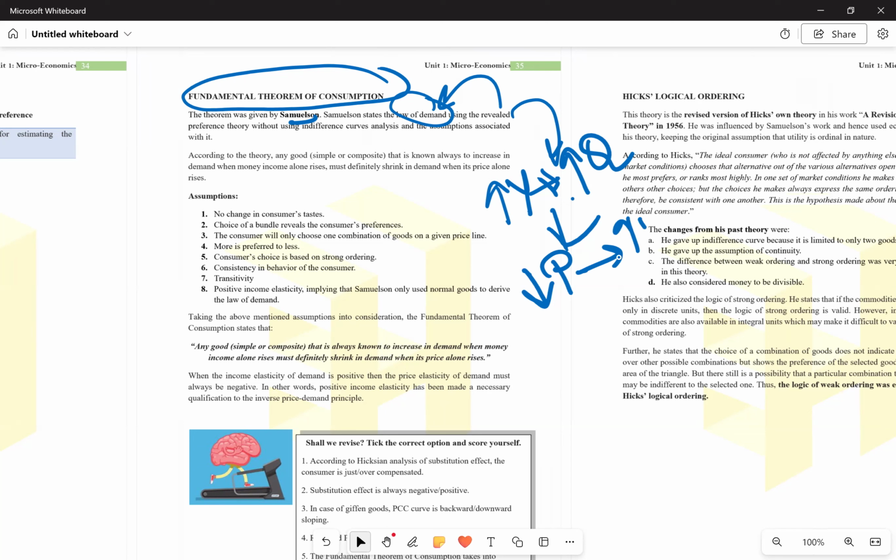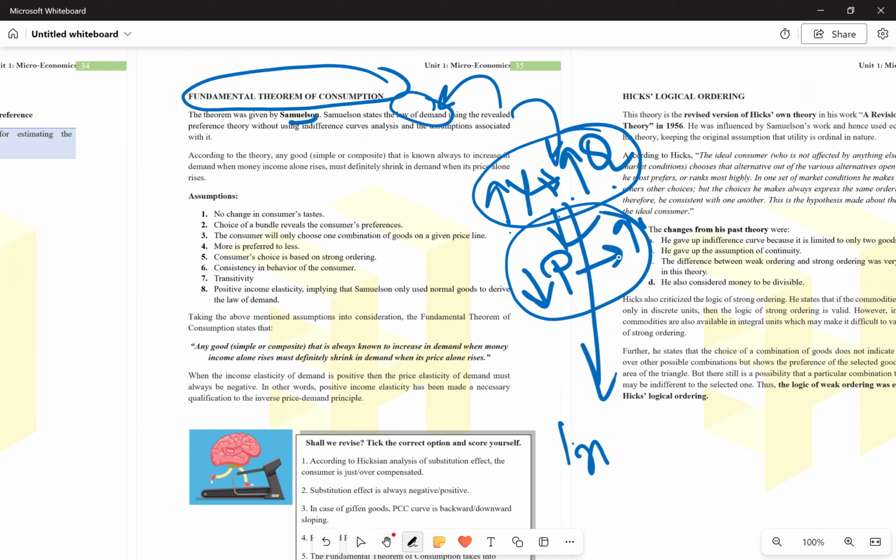There is absolutely no Giffen good, and all the goods showing a positive relationship between income and quantity demanded will have a negative relationship between price and quantity demanded. So he has talked about inferior goods indirectly, but he has not talked about Giffen goods explicitly.